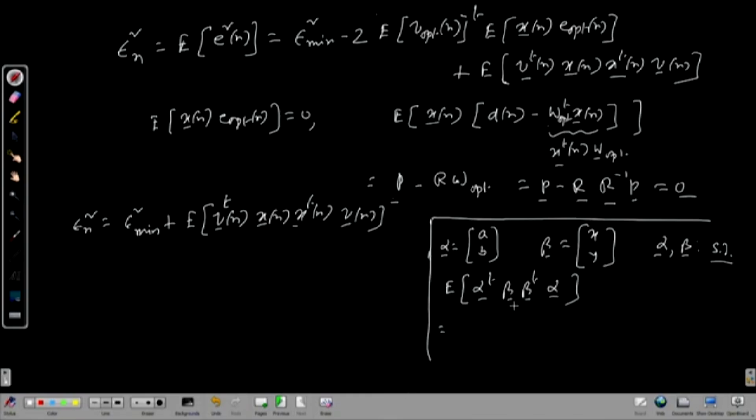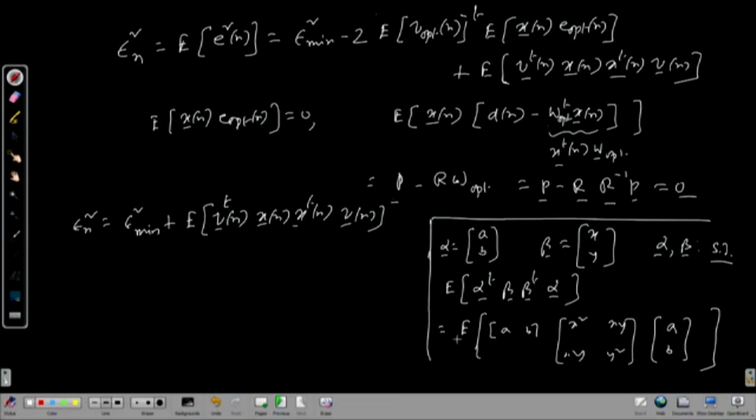So we have got A, B, alpha transpose, beta beta transpose and alpha, so again A, B. Beta beta transpose will be x y column vector times x y row vector, so it will be x square, x y, y x, that is x y, y square, right. And now x square into A plus x y into B multiplied by A.